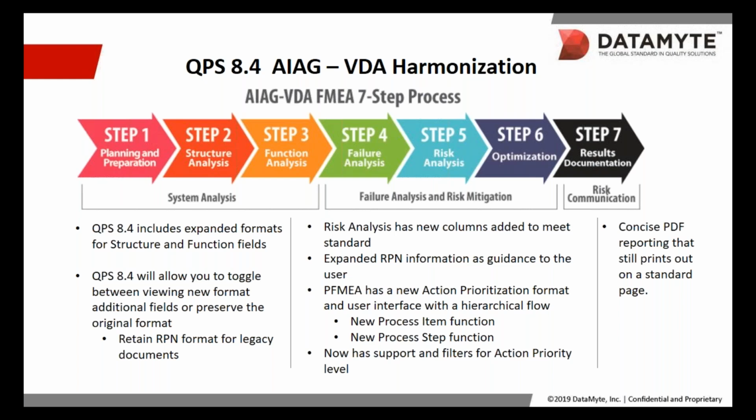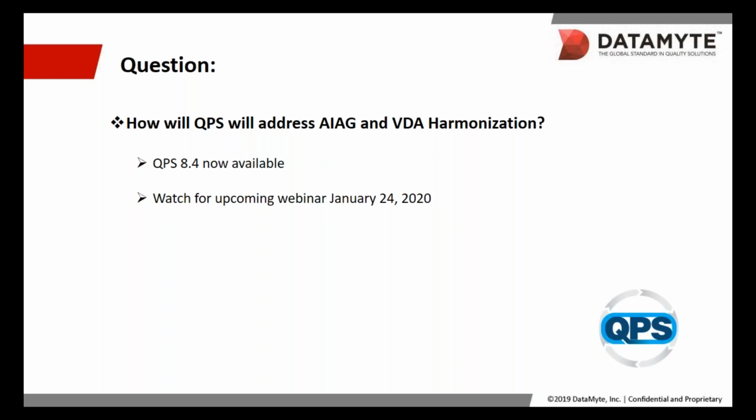So like I said, it's coming. Look for that in an additional webinar that we're going to be doing in January. So here's just a reminder, once again, it's version 8.4, and the webinar is coming January 24th, where we will go into more detail with that particular version. So if you do have questions for that, we welcome the questions now.